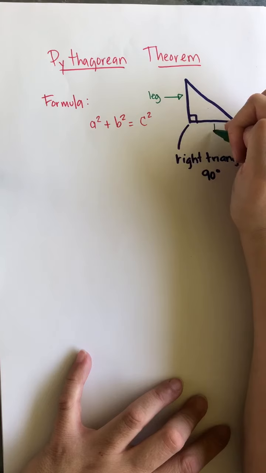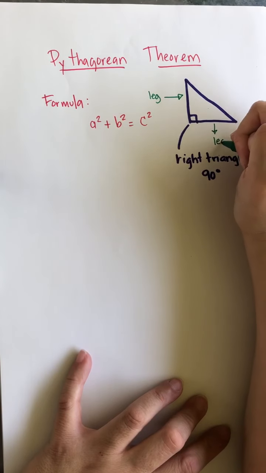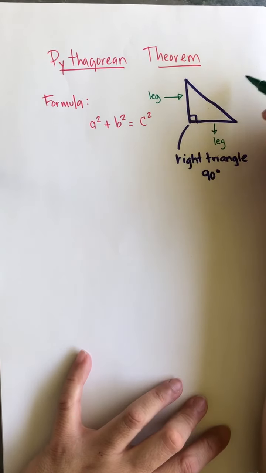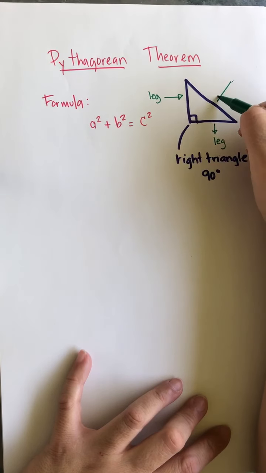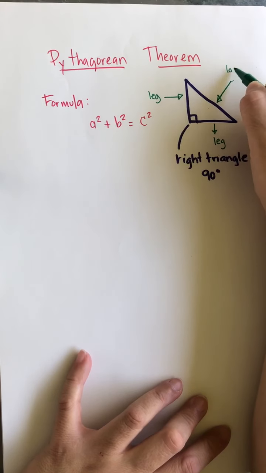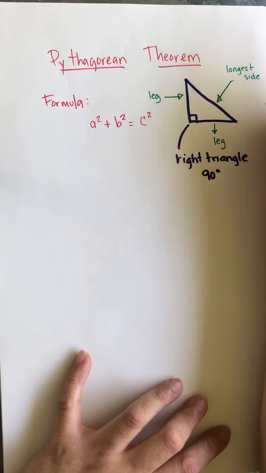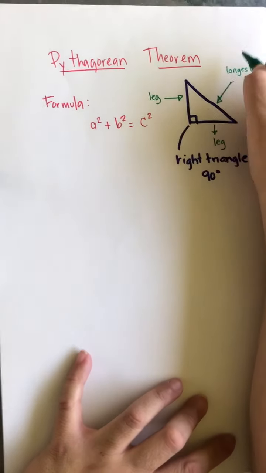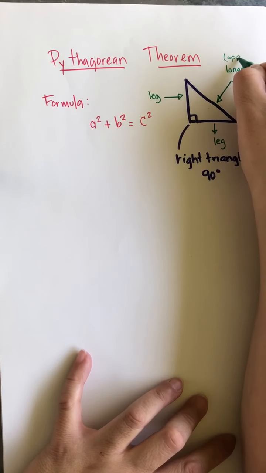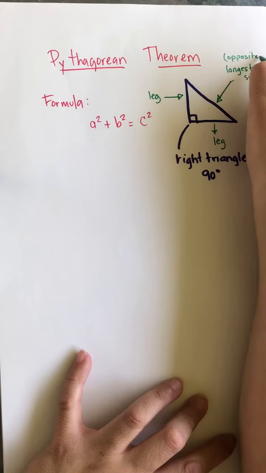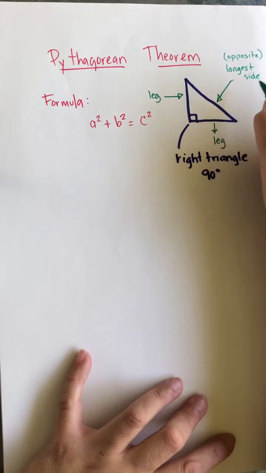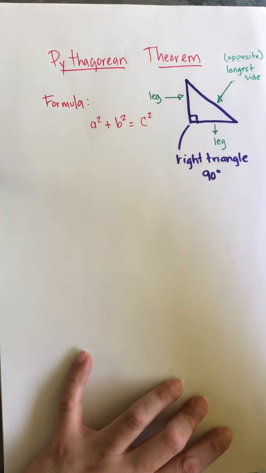And this one here is also a leg. Okay. This one right here, this is the longest side. So it has a couple names. Being the longest side, it's also called the opposite side. And it is also most definitely known as the hypotenuse.